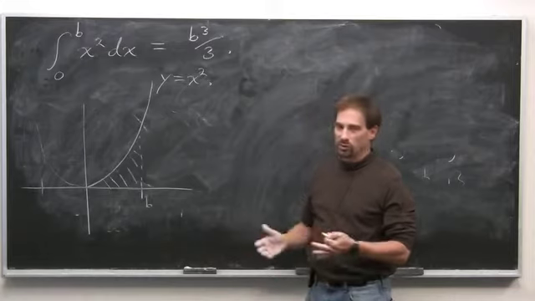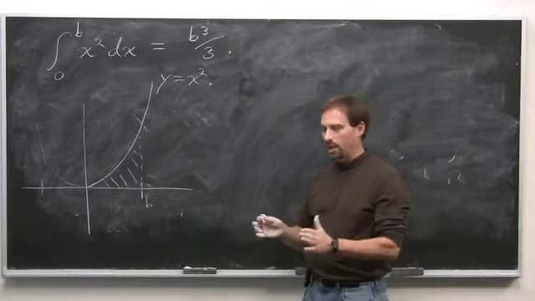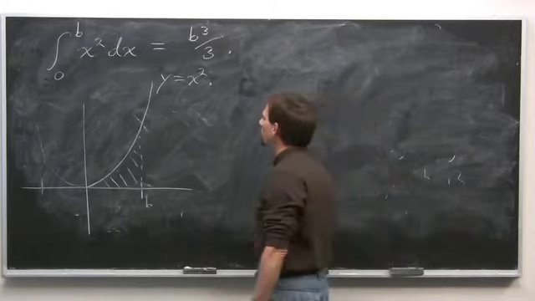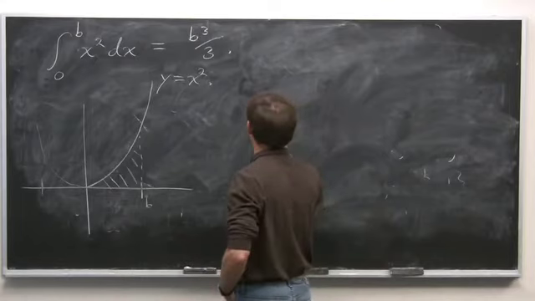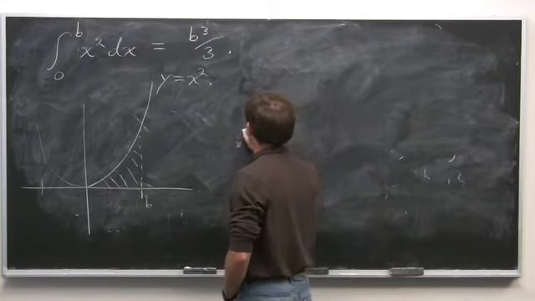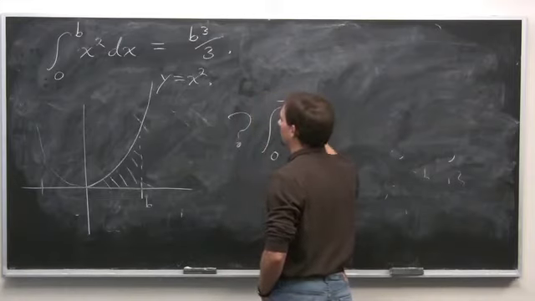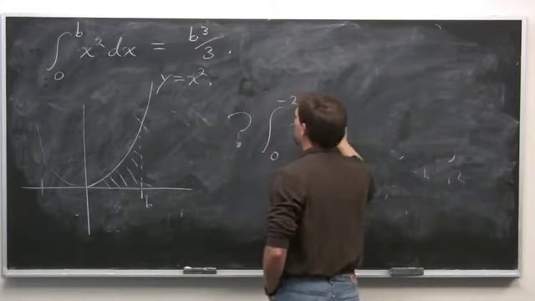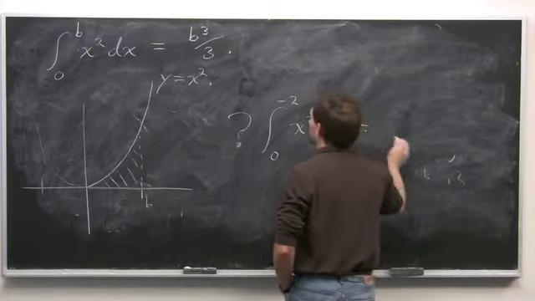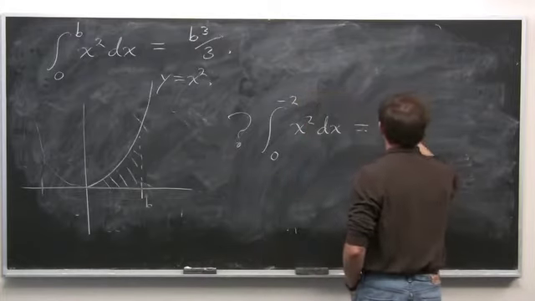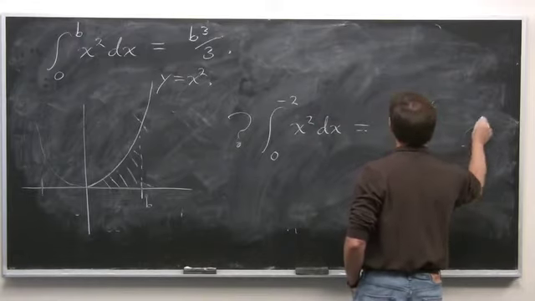We drew the pictures and talked about it in the case where b is positive. Could it even be correct when b is negative? For instance, could it be possible that the integral from 0 to minus 2 of x squared dx is minus 2 cubed over 3?